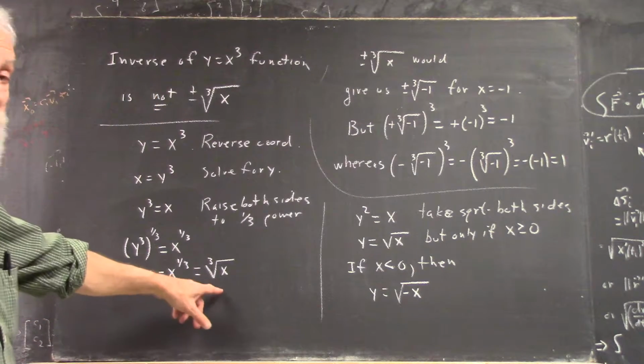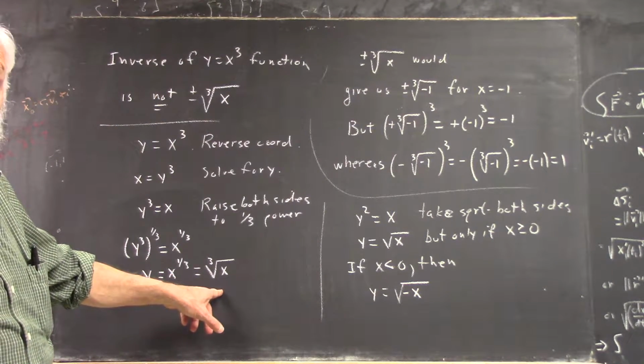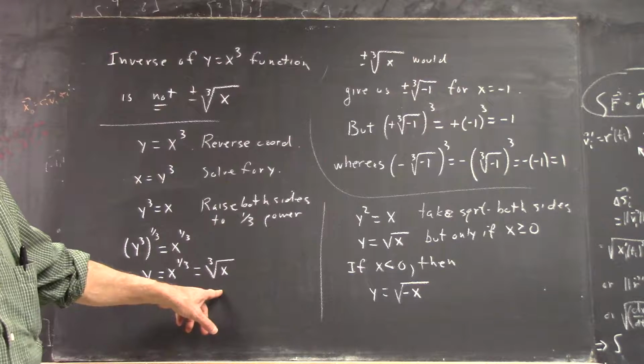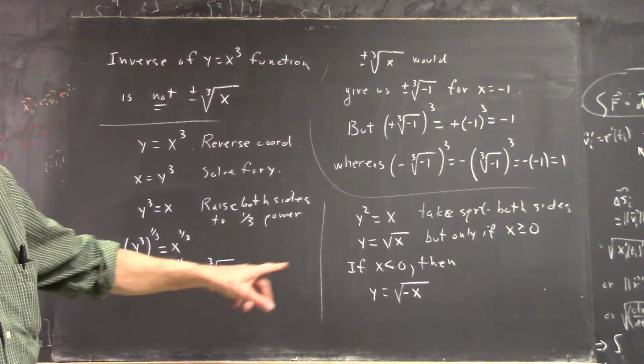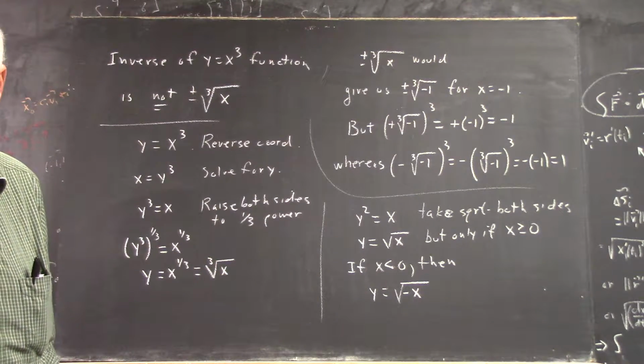But over here it's just fine because you can take the cube root of a negative. You can take an odd root of a negative. You can't take an even root of a negative. Okay?